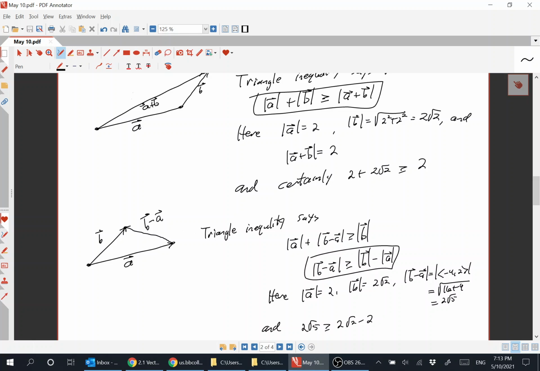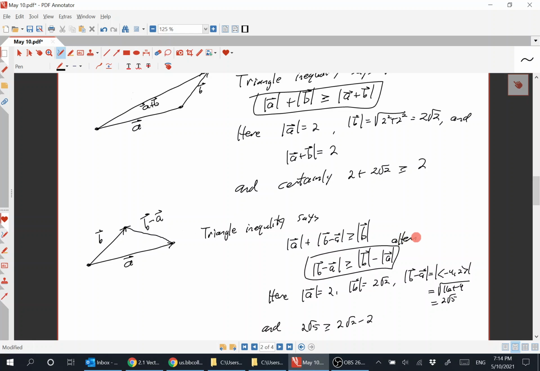So which two sides? Well, something interesting happens. I'm going to take this side plus this side. All right, so the length of A plus the length of B minus A is going to be bigger than or equal to the length of the third side, which is B. So that's the basic triangle inequality. But then something interesting happens: now you can subtract the A from here and you get that.